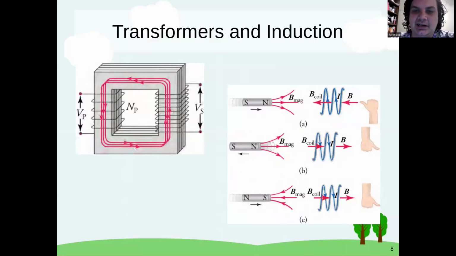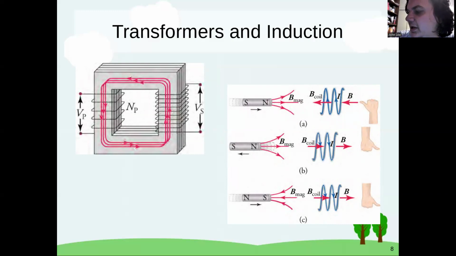So what this induction cares about is magnetic flux and the change in magnetic flux. As long as there's a change in the B field times the area times how much it overlaps.